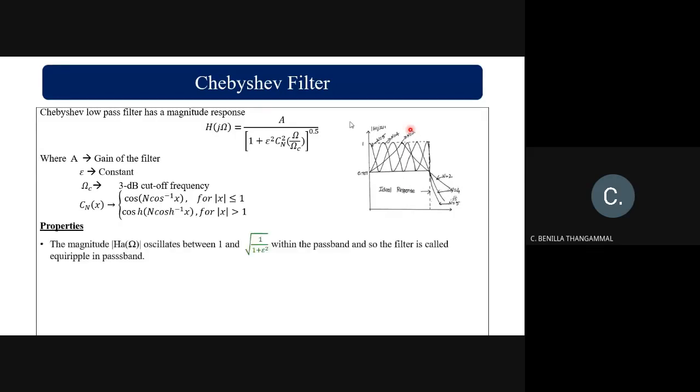Normally, how will this equiripple be? Your magnitude will oscillate between 1 and square root of 1 divided by 1 plus epsilon squared, that is 1 to 0.77707, it will oscillate. So that is called an equiripple in the passband.